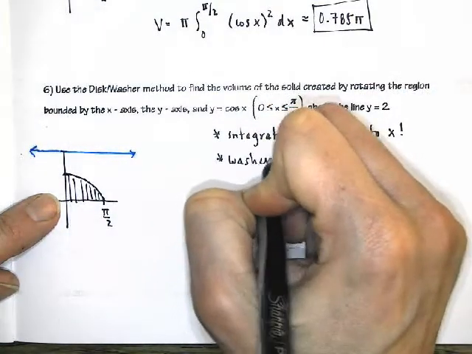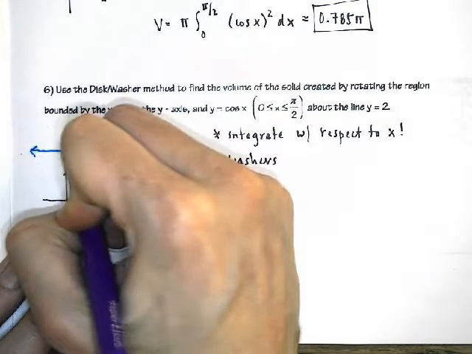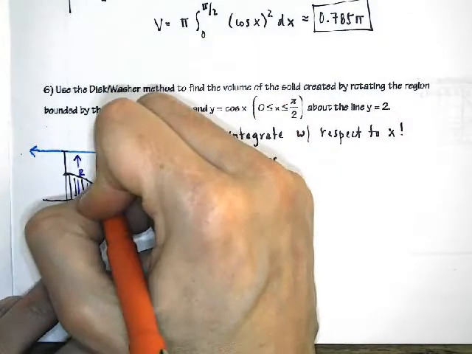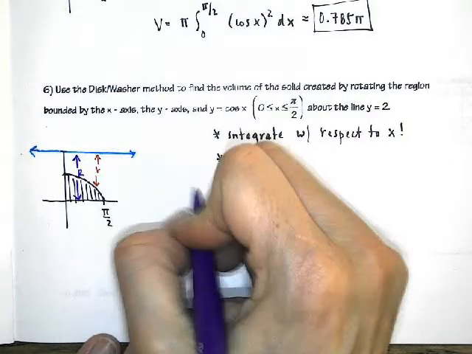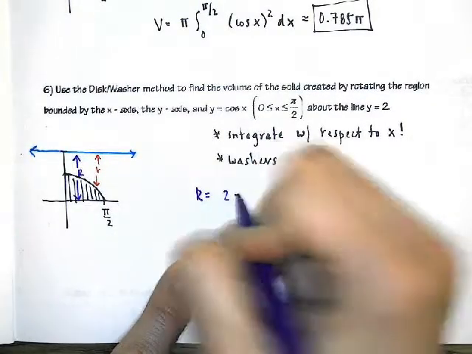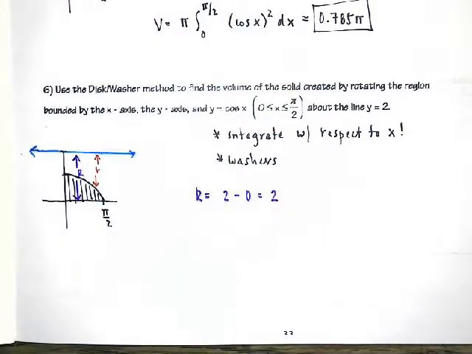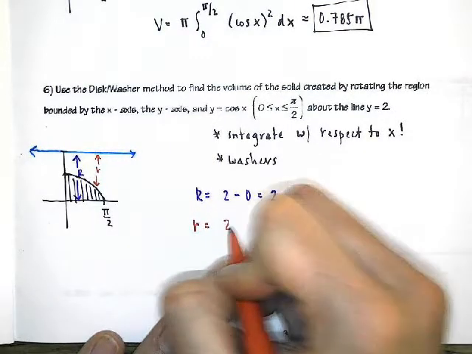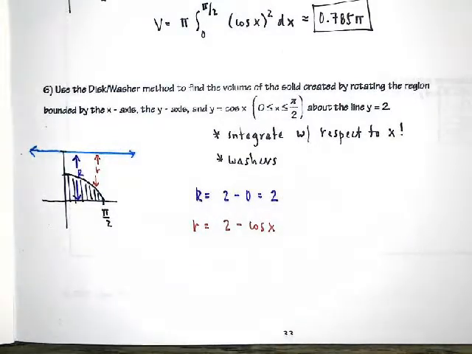I have to identify my 2 radii. So again, top minus bottom. Here is my big R. My little r just accounts for that negative space. So for big R, top minus bottom, my top is 2. My bottom is just 0. So my big R is 2. My little r is going to be my top, which is 2, minus my bottom, which is cosine of x.